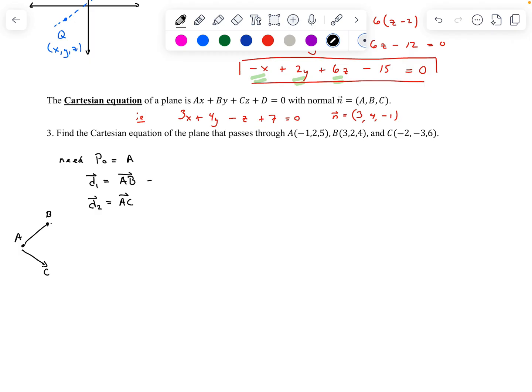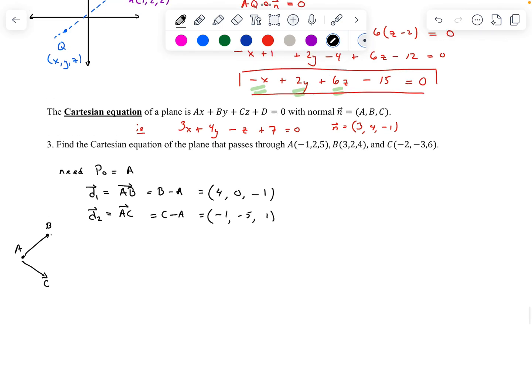That'll make my plane. That's B minus A. That's C minus A. I'm subtracting, doing my very best. Okay.